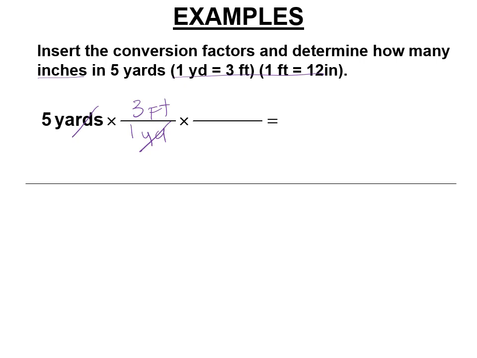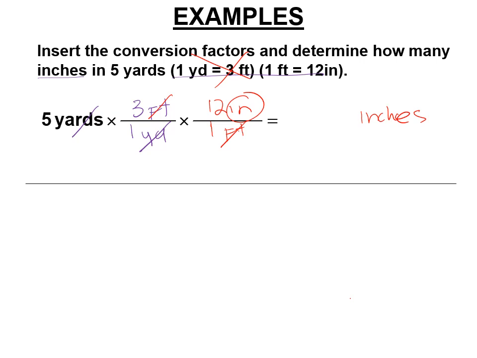So that math will convert yards into feet. Then we're going to convert feet into inches, right? So we're going to use the other one now. 1 foot is 12 inches. And so look what happens. The feet cancel feet, the yards cancel yards, and the units you need for the answer, how many inches in 5 yards, is right there.